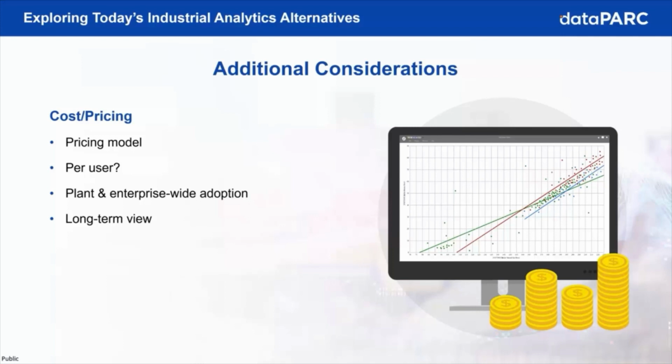And it's important to have a long-term view here of what it would look like if you did plant-wide adoption as well as enterprise-wide adoption. So those are the considerations that are really important from a pricing standpoint.